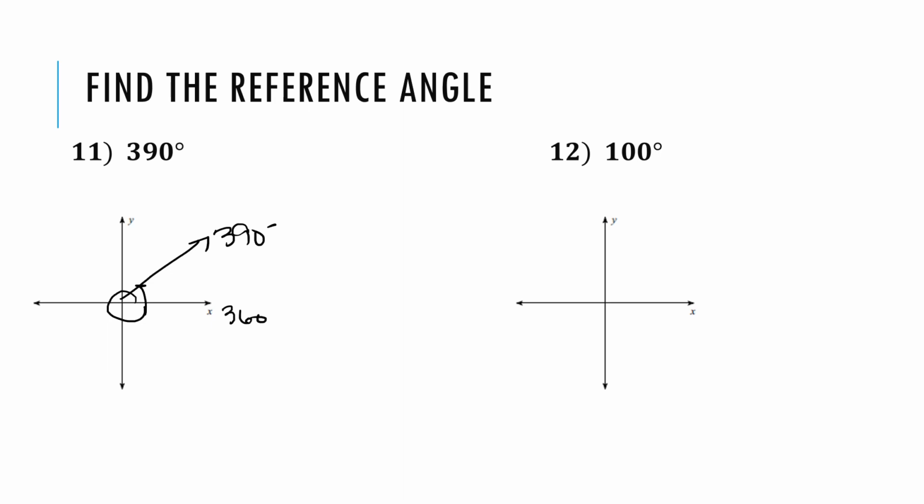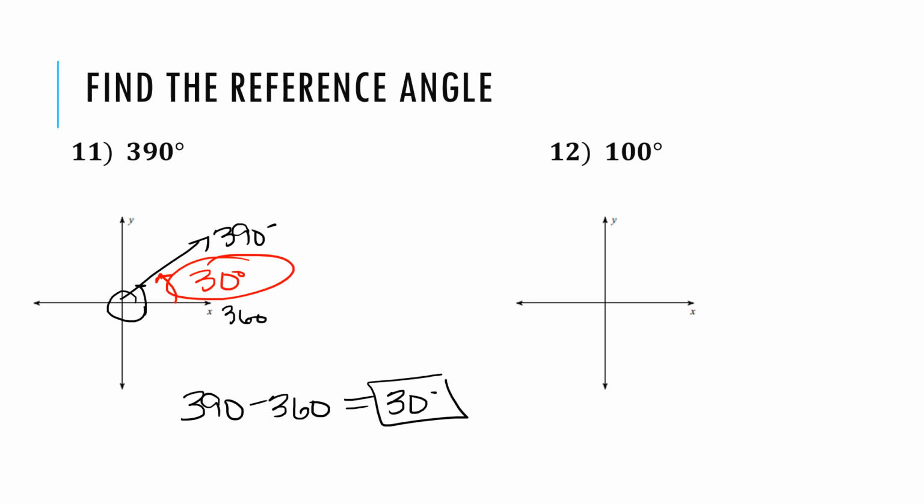So my reference angle, this distance back, is 30 degrees. And again, in this case, we didn't really write it down or talk through it, but I went one rotation around, so I did find a coterminal, and that value gave me the reference angle. 390 minus 360 is 30. That is my distance from our x-axis.